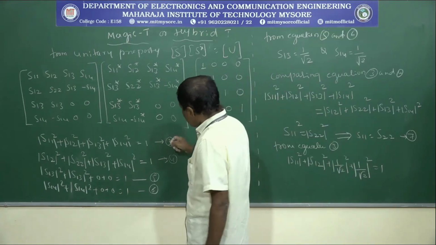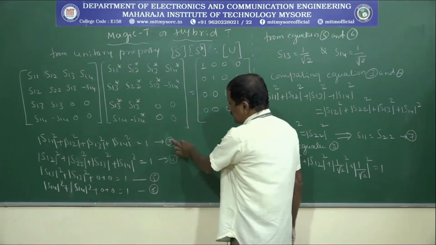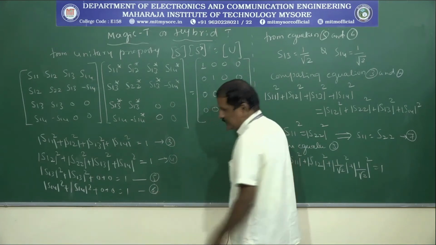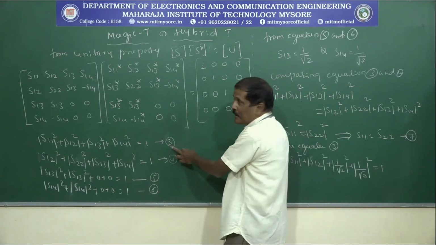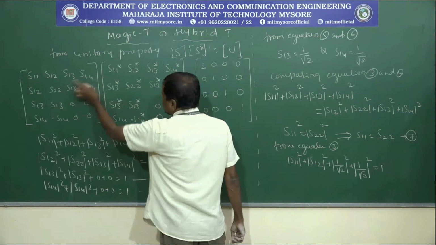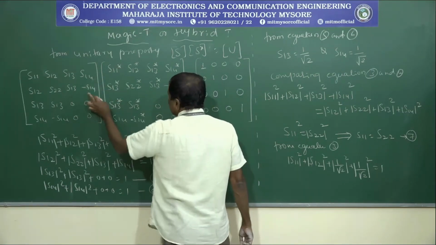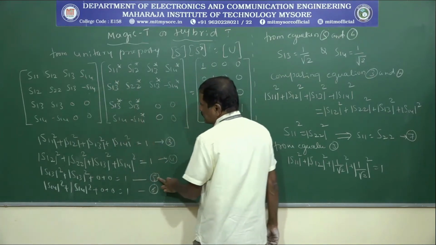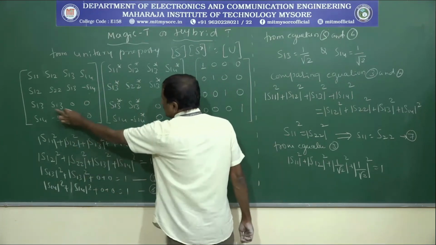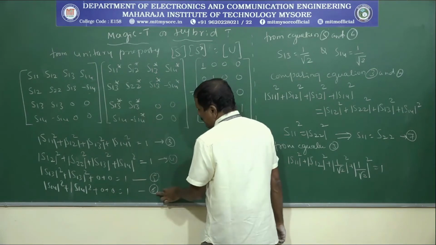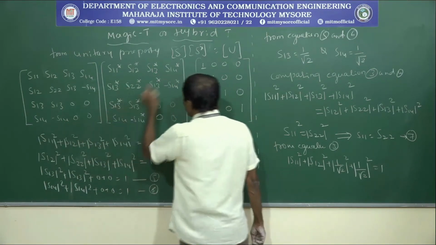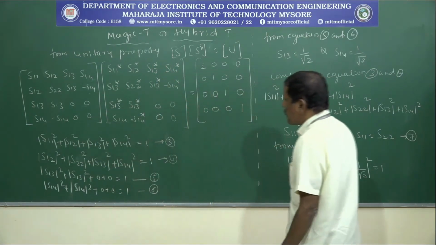We call these equations 3, 4, 5 and 6. Equation 3 comes from the first row and first column, equation 4 from the second row and second column, equation 5 from the third row and third column, and equation 6 from the fourth row and fourth column.